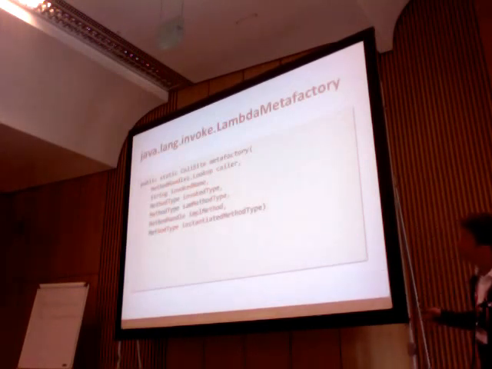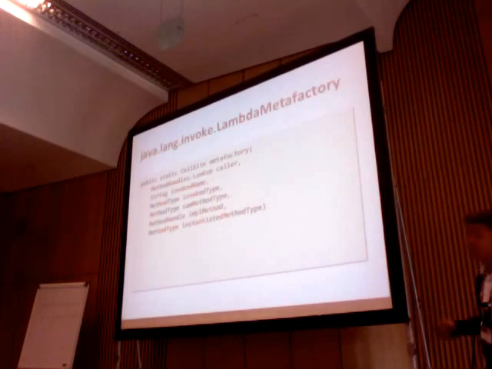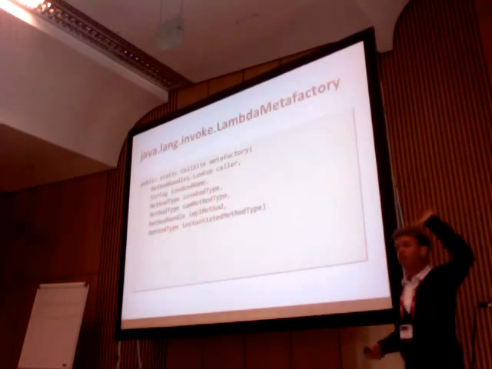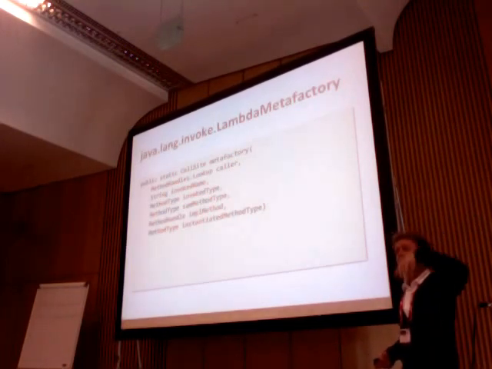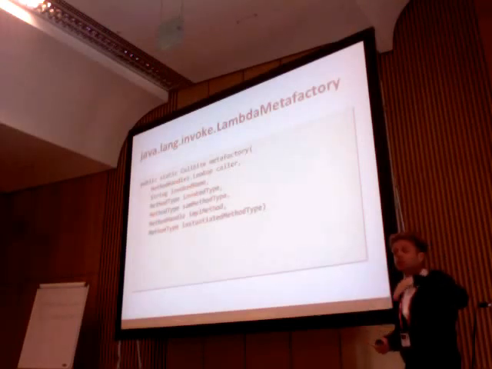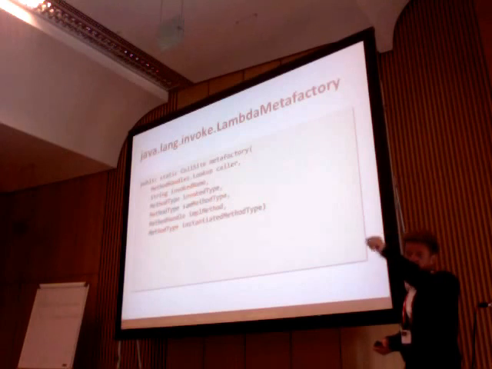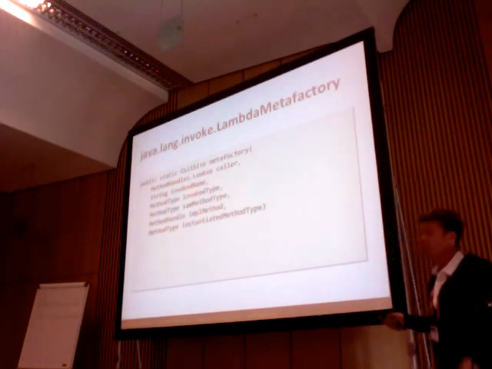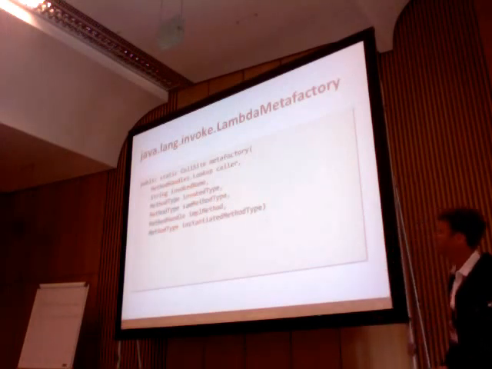Then we get the method handle to the implementation method. If you remember the slide with the desugaring, where the body of your Lambda implementation gets compiled into your class as lambda$0, this is basically a handle to the actual implementation of the Lambda body.